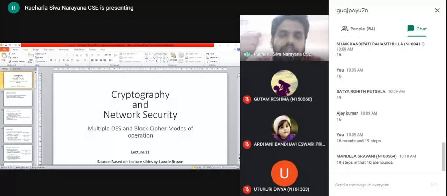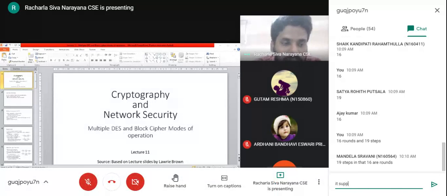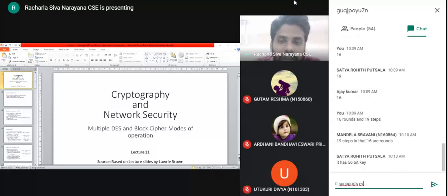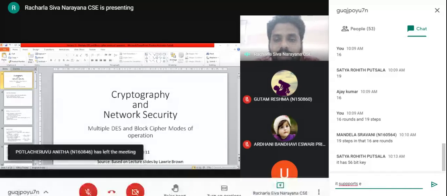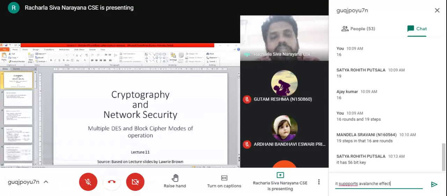So what are the strengths of the DES algorithm? DES has a 56-bit key length.